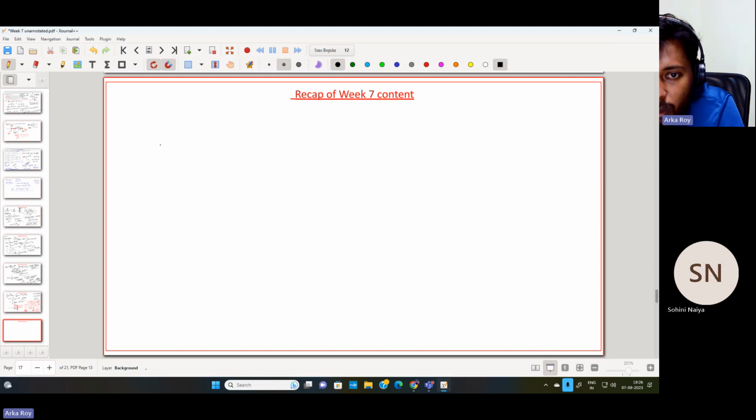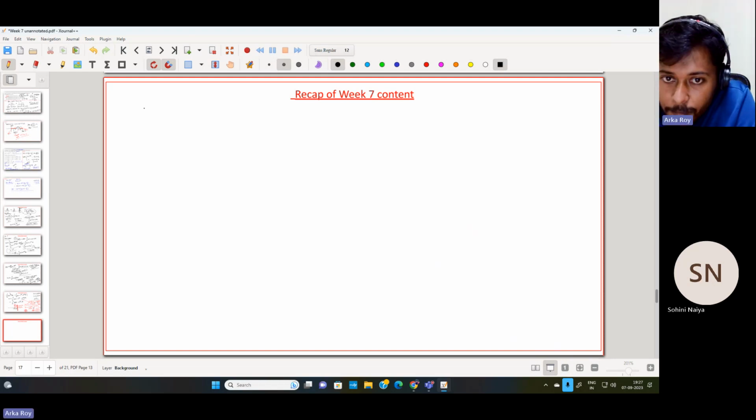For that, we first construct an equivalent analog filter, and then remap that analog filter response to the digital domain to get the DTFT relation. From the DTFT, I can get h of n, and taking the z transform again, I will get the transfer function representation.